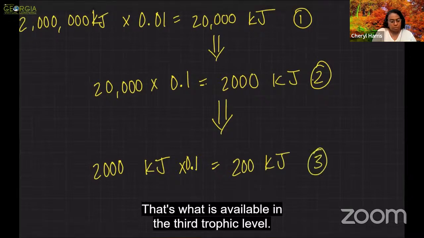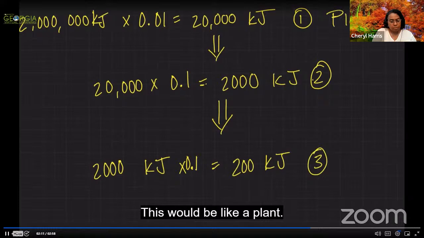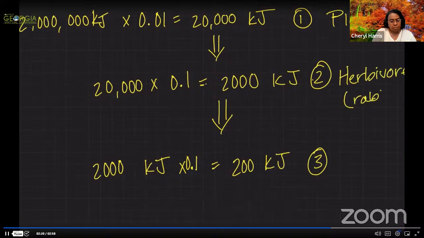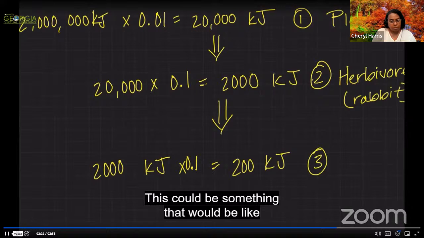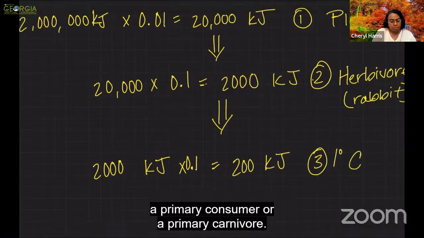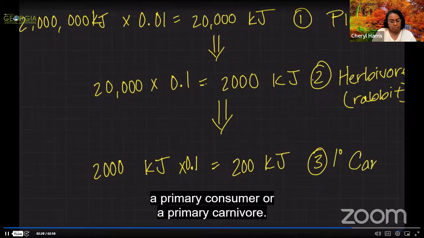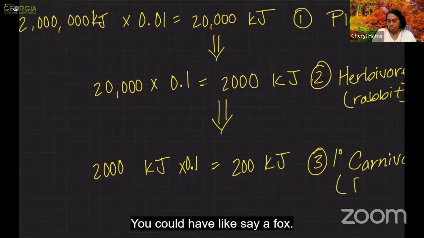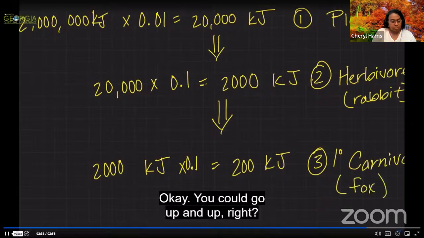So this would be like a plant. This could be something like a primary consumer. And you can go up and up, right?